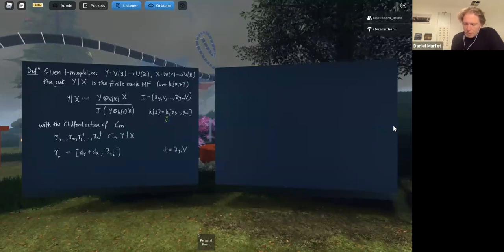So this is not a variable, but nonetheless you can make sense of something like a connection which differentiates in these directions. So this would be the normal directions to the critical locus, if indeed that were a manifold, but it's not in general. So these are what are called Atiyah classes.